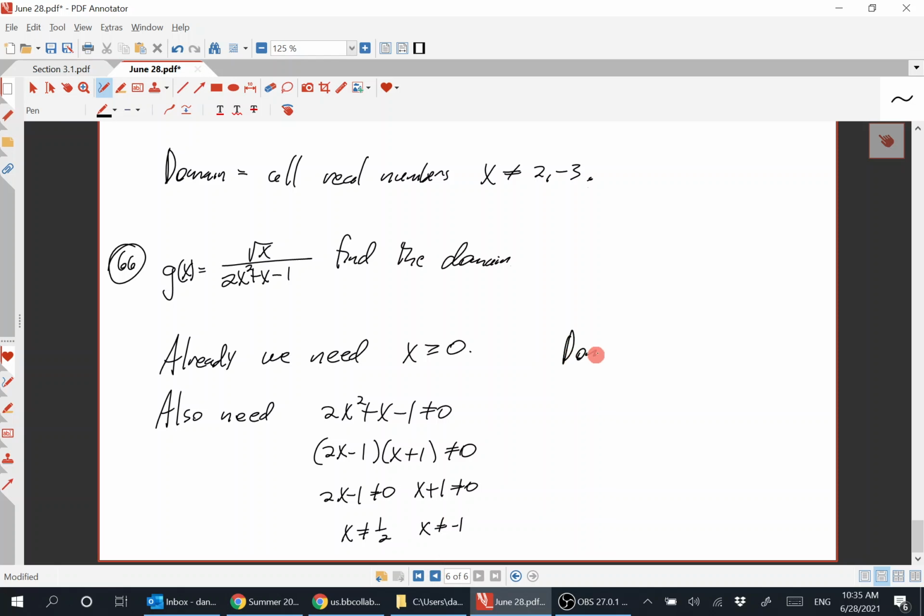So the domain is all x bigger than or equal to 0 and not equal to a half. Of course, this one says not equal to negative 1, but that's not bigger than 0, so you don't have to concern yourself with it beyond that part right there.